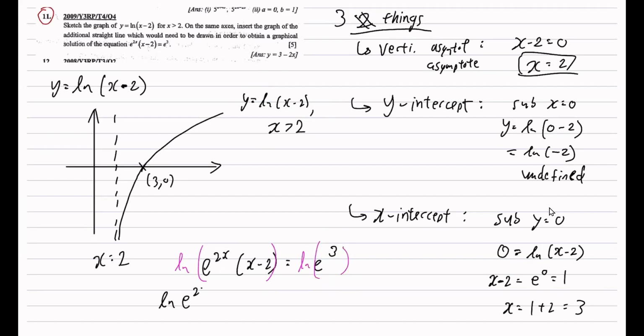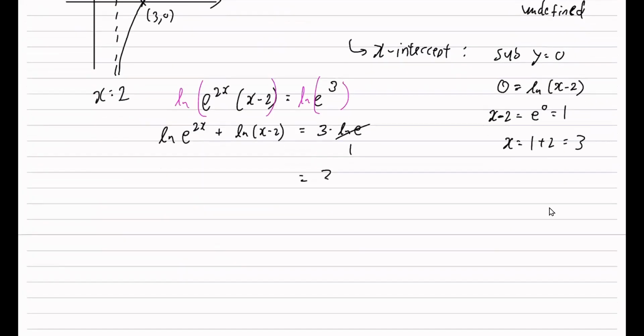So ln e power 2x plus ln(x minus 2) equals ln e power 3. Bring down the 3, you get 3 times ln e, which is 3 times 1, which is just 3. Likewise, over here, 2x can bring down, you get 2x times ln of e. ln of e is just 1, so that's just 2x plus ln(x minus 2).